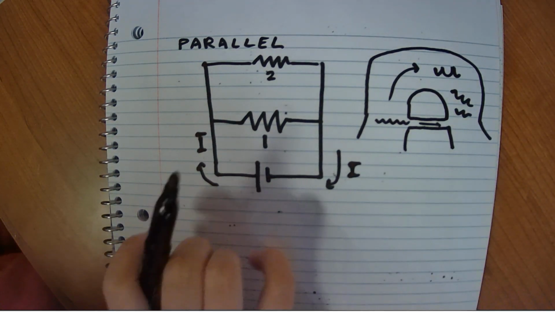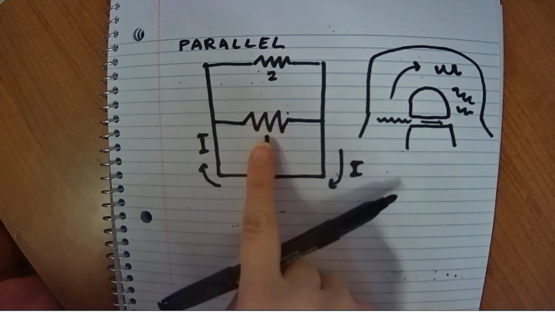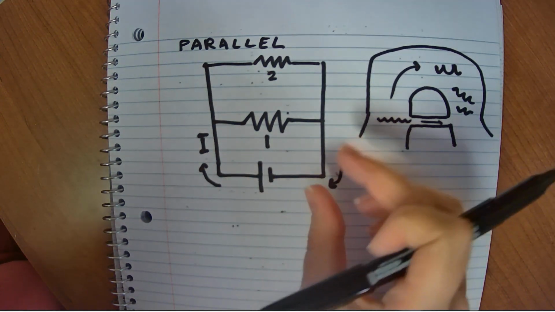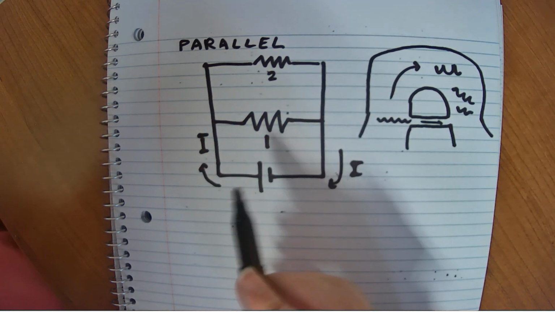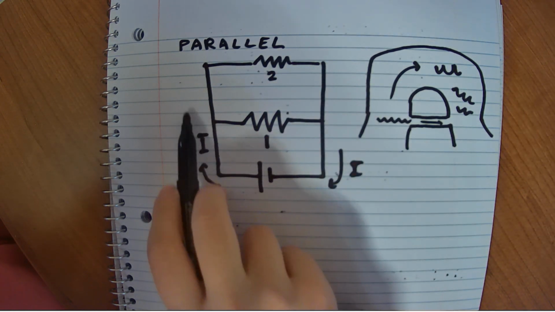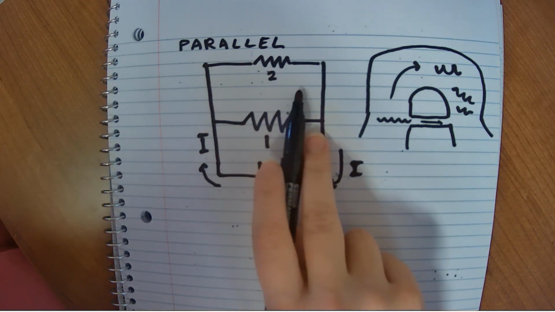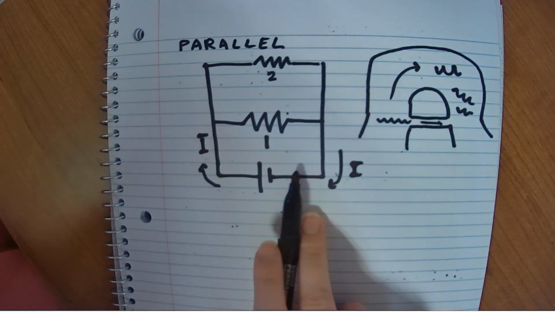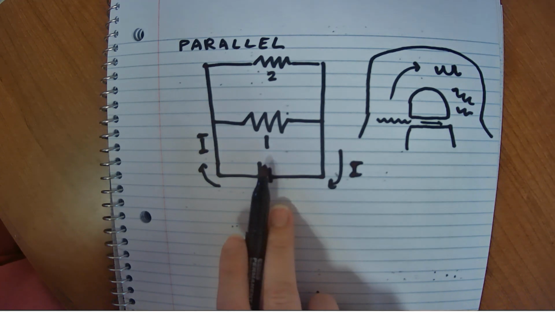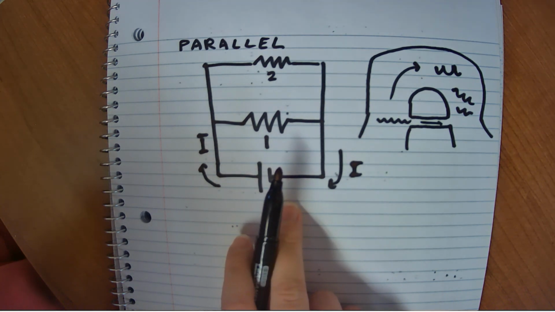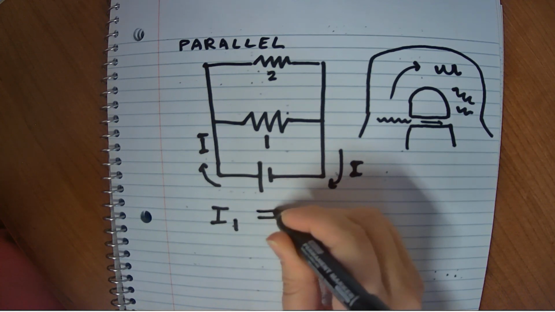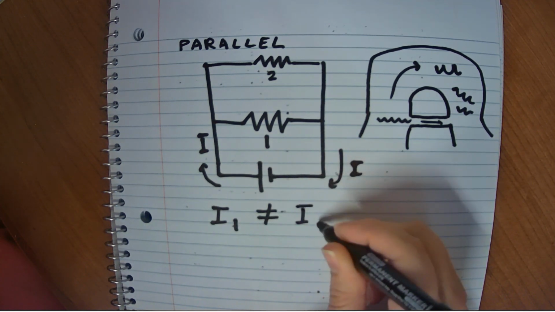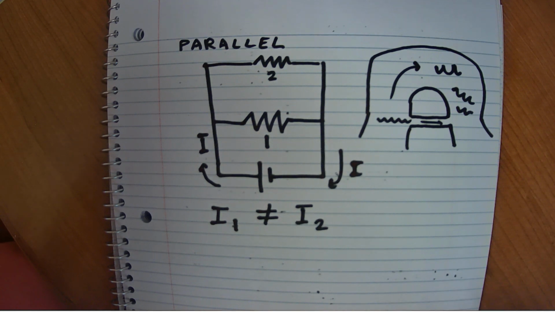Well, the same thing happens in circuits. If resistor 1 has much more resistance than resistor 2, then more current is going to flow through resistor 2 because it'll be an easier journey for the positive charges to take. So we know that the current through 1 is not equal to the current that flows through 2.